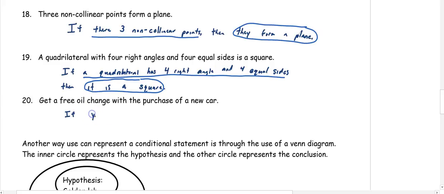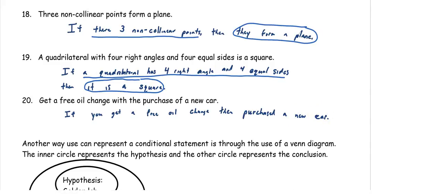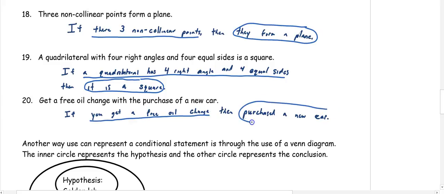So if you get a free oil change, then you purchased a new car. So in this case, our hypothesis is you get a free oil change, and our conclusion is purchased a new car.